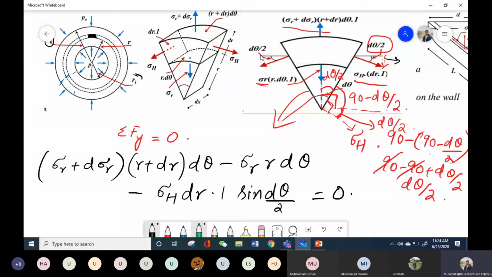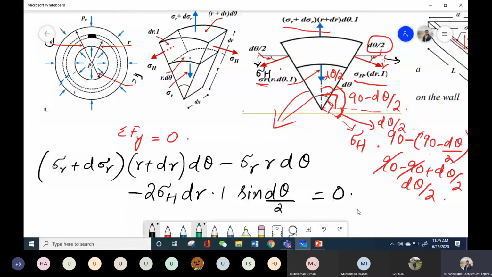But since there is a hoop stress on each face, there will be another component acting in the downward direction on this right side. So I will write 2 over here because both of these components are equal in magnitude and also the direction is the same.